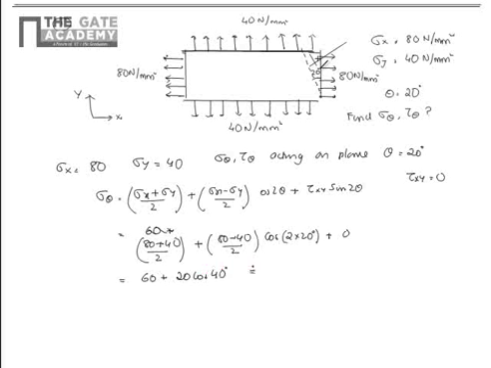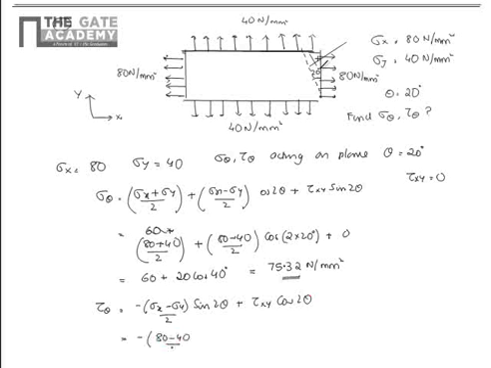This will be how much? This will be 75.32 Newton per mm square. This will be the normal stress acting on this plane. And similarly, what will be the shear stress acting on this plane? That will be given as minus of (sigma x minus sigma y) by 2 sin 2 theta plus tau xy cos 2 theta. Now we will substitute these values. We get minus of (80 minus 40) by 2 into sin of 40 degree, or 2 into 20 degree, plus tau xy is 0.